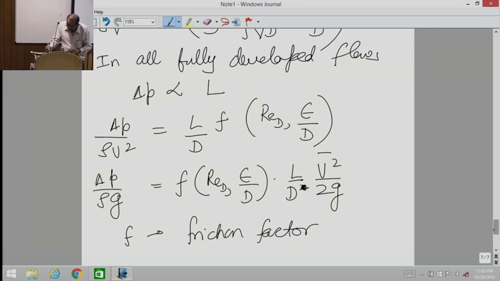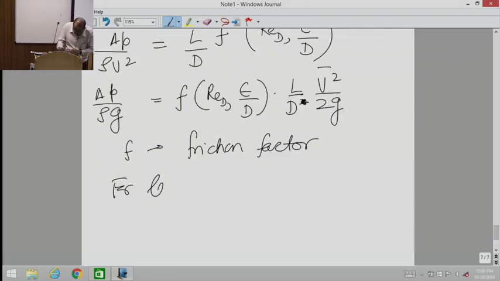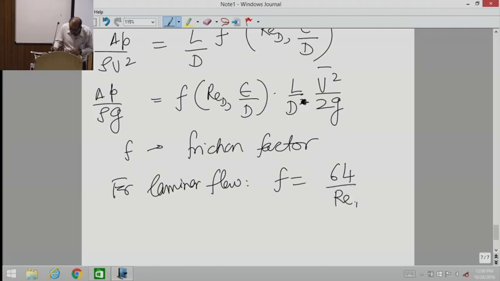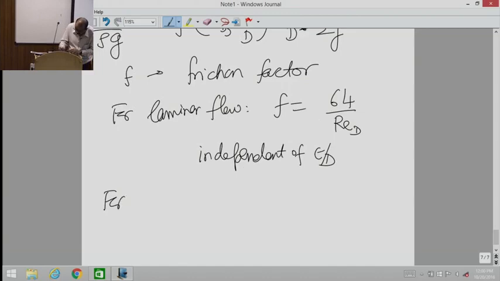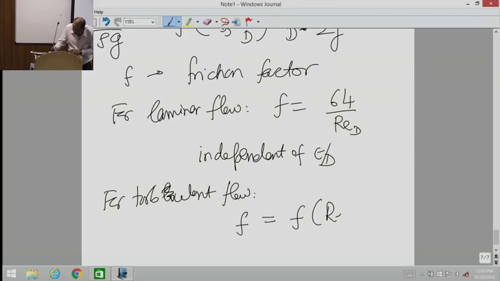And what we get is, for laminar flow, F is equal to 64 upon Re, independent of epsilon upon D, and for turbulent flow, F is a function of two things, Reynolds number and epsilon upon D.